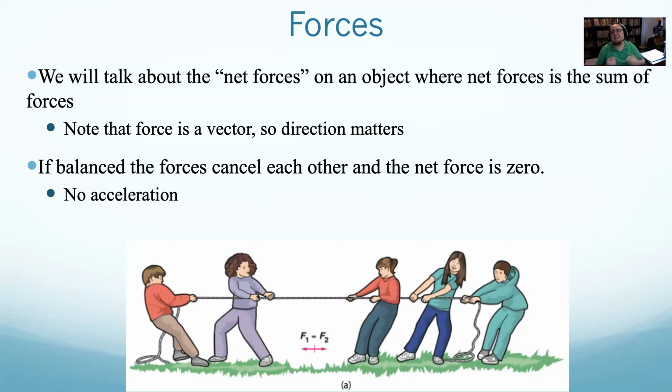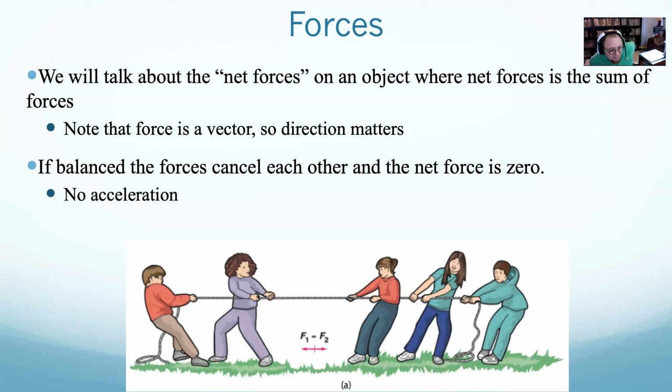That's because the net force is zero. It's not just the magnitude of force, but the direction. Are they left or right? So when we're talking about force, we need to care about the direction. Anytime the sum of the forces is zero, there will be no acceleration. Something that isn't moving will stay not moving.